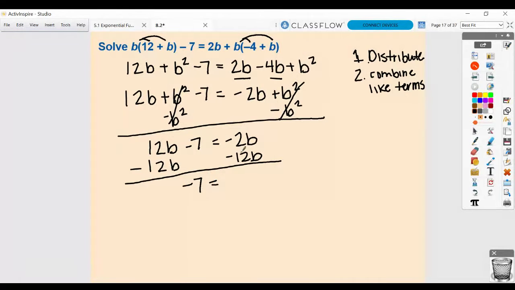So negative 2 minus 12 is negative 14. Divide by negative 14, and you get 1/2. Okay, so we're just distributing, getting the variables on the same side, and solving for b.